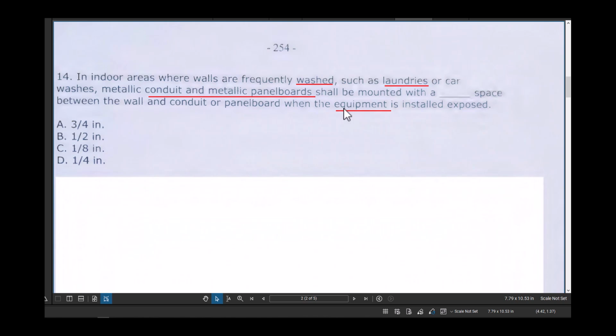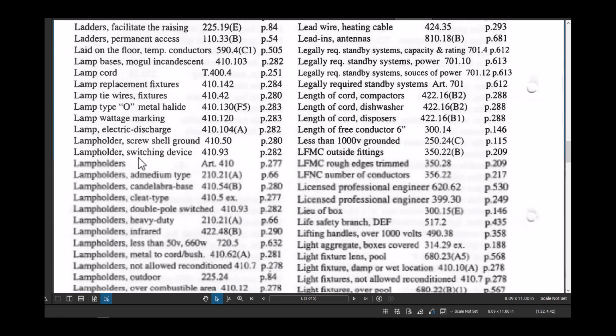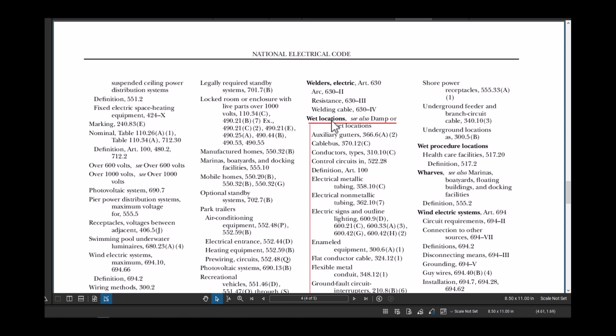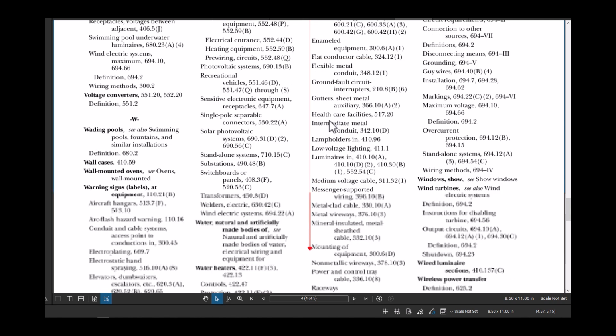If I go to the Tom Henry's index, I have laundries, wet location, article 300.6d. If I go to NEC, I have wet location, then I go to mounting of equipment, 300.6d.